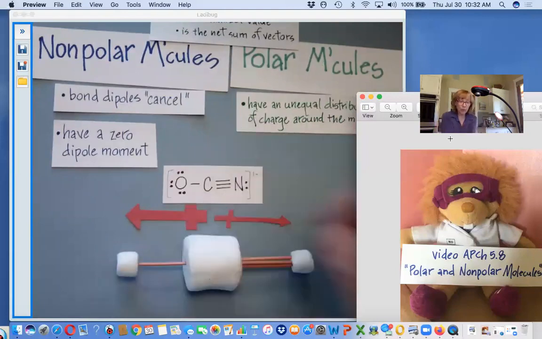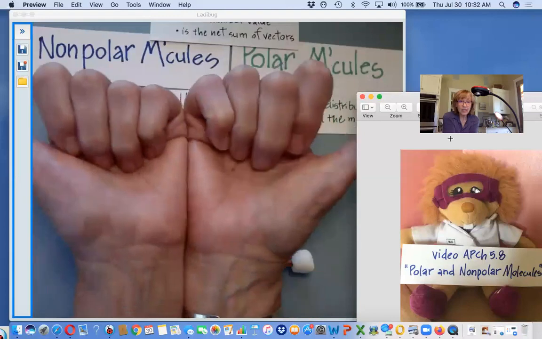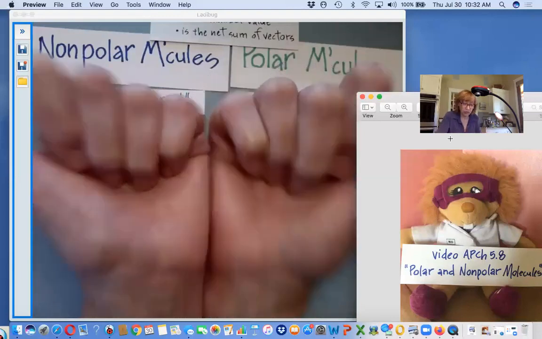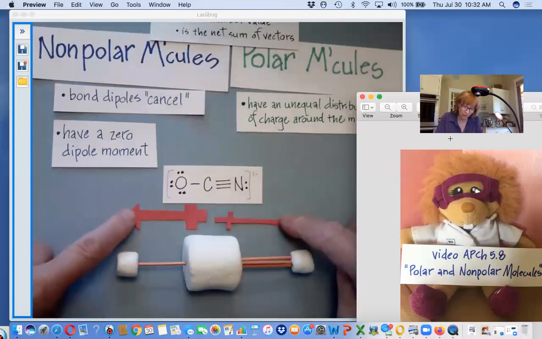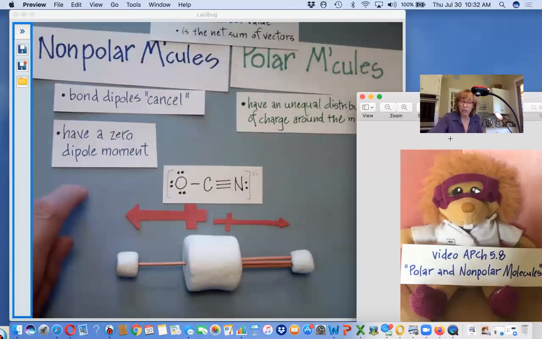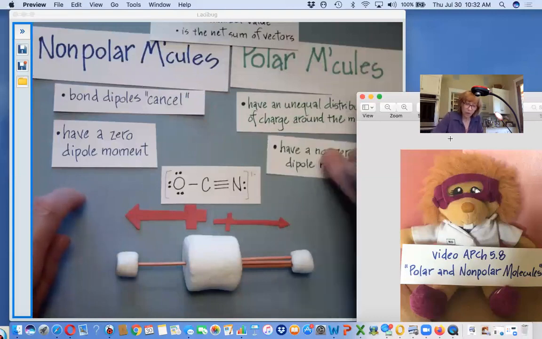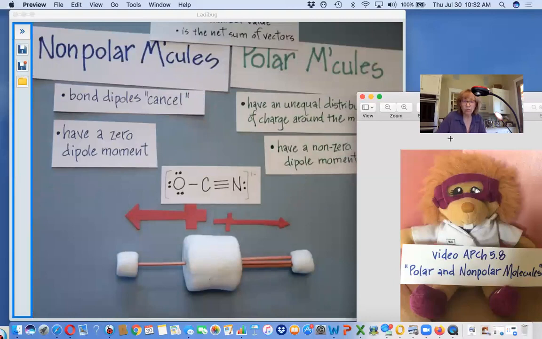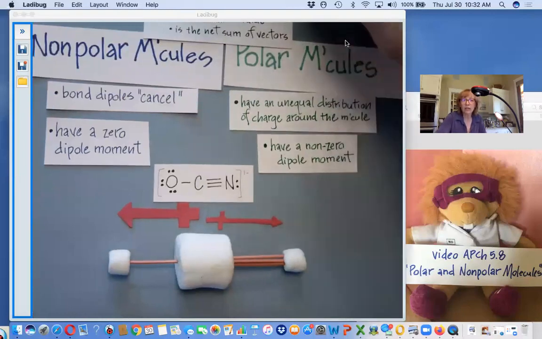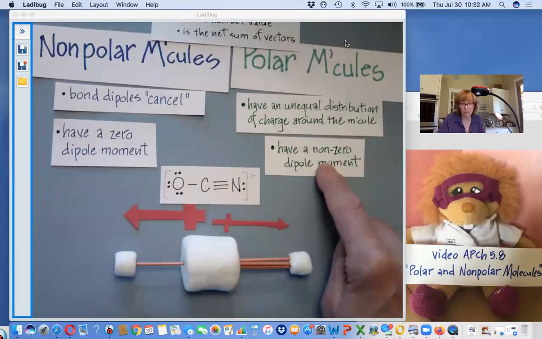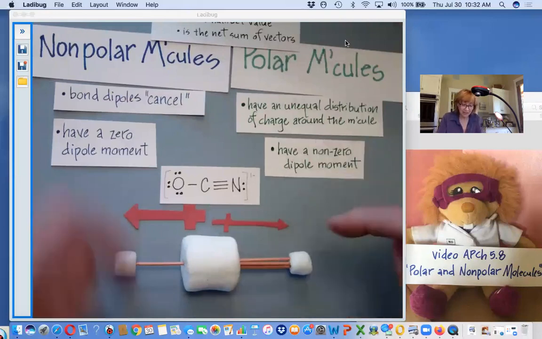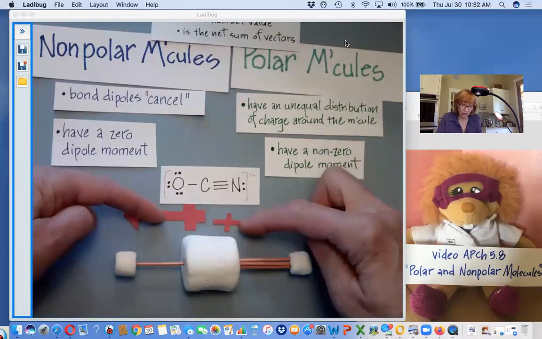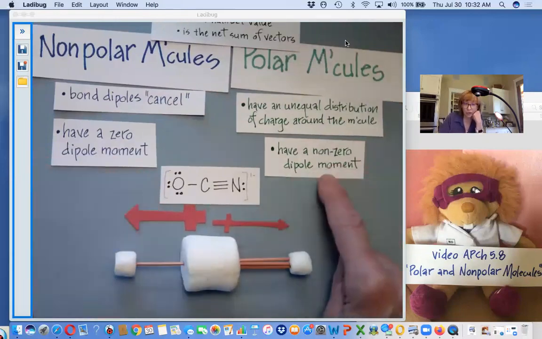These two bond dipoles are pointing in opposite directions. They're 180 degrees apart, but they don't have the same magnitude. So this is a case in which the dipole moment of the molecule is not zero. The dipole moment, the net sum of these two vectors, doesn't equal zero.